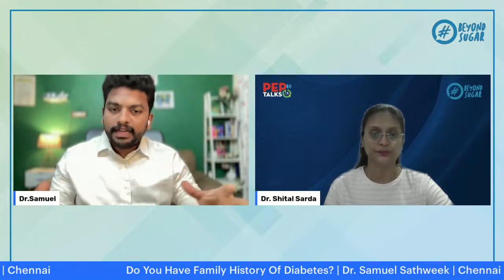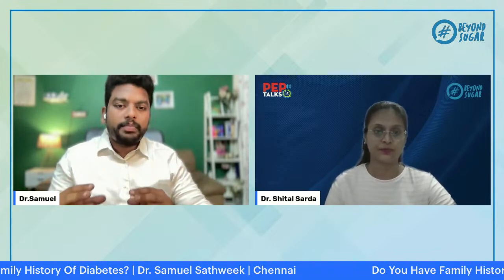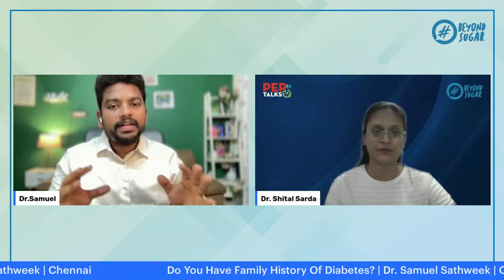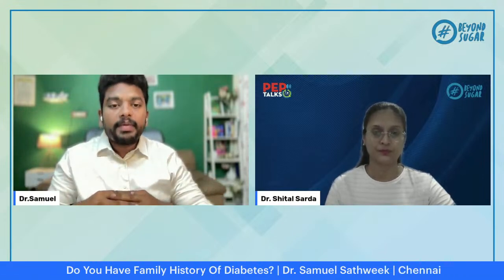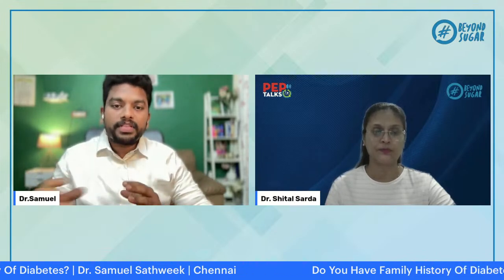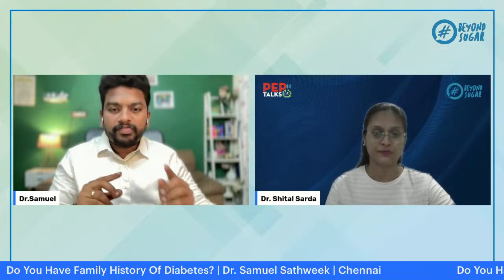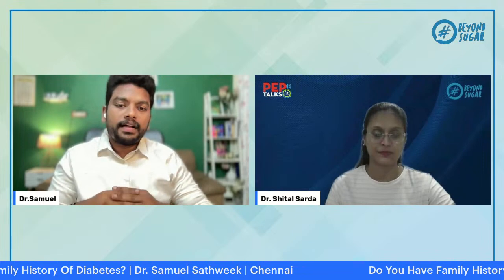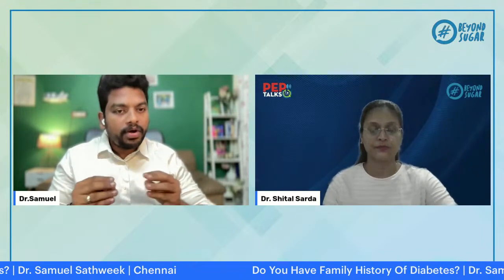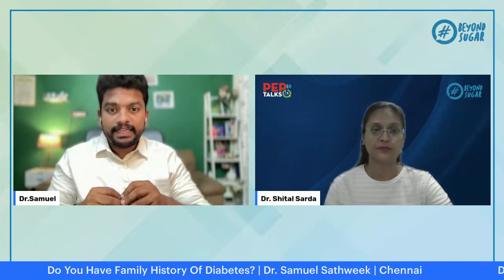So to put it in a nutshell, yes, both type 1 and type 2 do have some genetic component, and the family history is very important, but it is more for type 2 diabetes and lesser for type 1 diabetes. With that said, if your parent or your sibling, either mother, father, or anyone in your family has type 1 diabetes, it's always important to understand that you might also be at risk of type 1 diabetes.